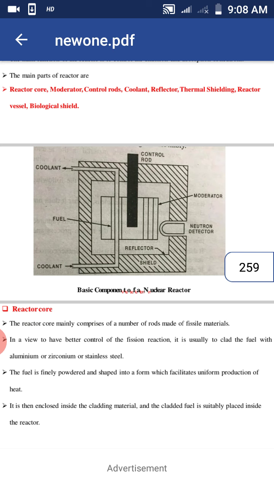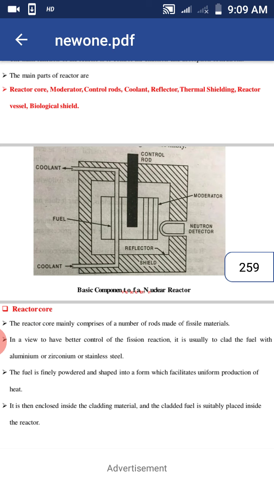When any secondary neutron collides with the moderator, the fast moving neutrons are converted to slow moving neutrons. Basically the kinetic energy of the fast moving neutrons is reduced. For that purpose we use the moderator.